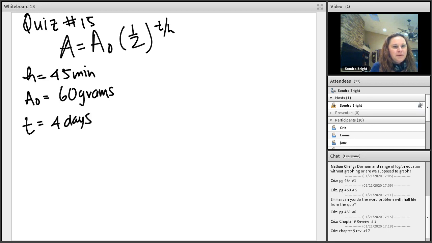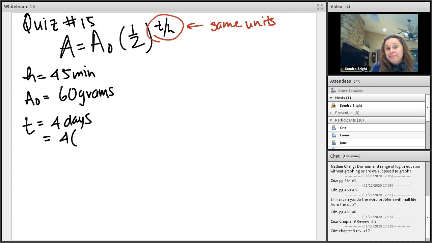So here's the problem: t and h need to be the same units. You certainly could change minutes to days, but it's definitely easier to change 4 days to minutes. We know there are 24 hours in a day, so I'm going to take that.